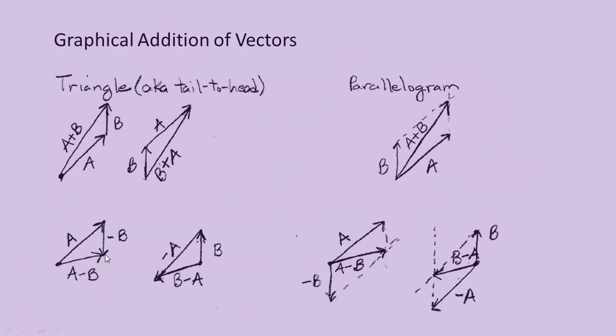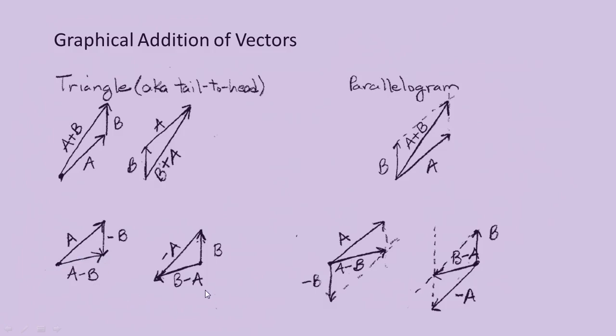So instead of adding A plus B, we're adding A plus negative B, because that's the same as A minus B. So in our triangle method or tail to head method, we're going to take the tail of negative B and place it on the head of A, and then our resultant vector starts at the tail of A and ends at the head of negative B.